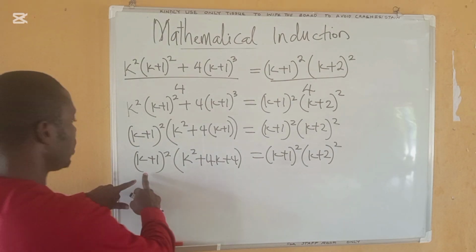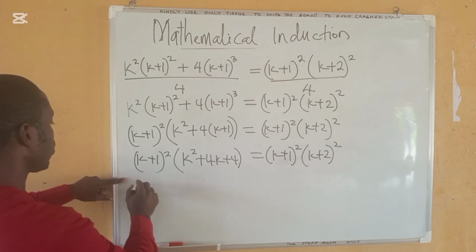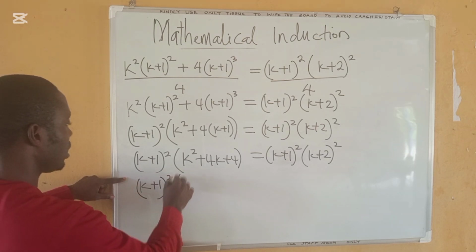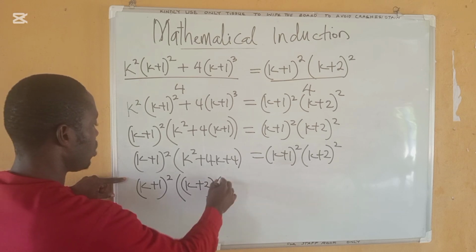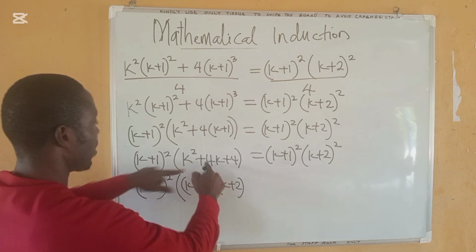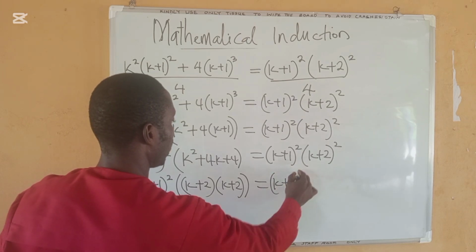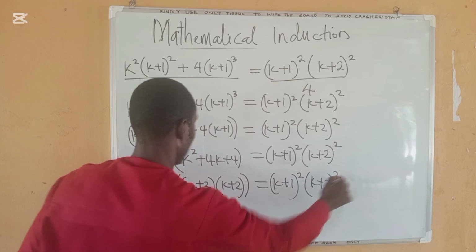At this point, we factorize the quadratic expression here, which is going to give us k plus 1, all of this squared, into k plus 2 into k plus 2. That is the factorization of this. That gives us k plus 1, all of this squared, into k plus 2, all of this squared.